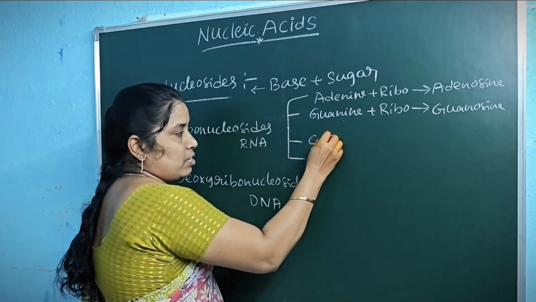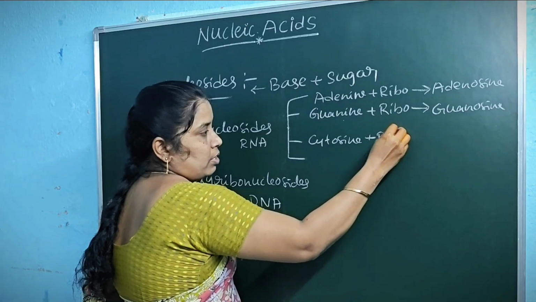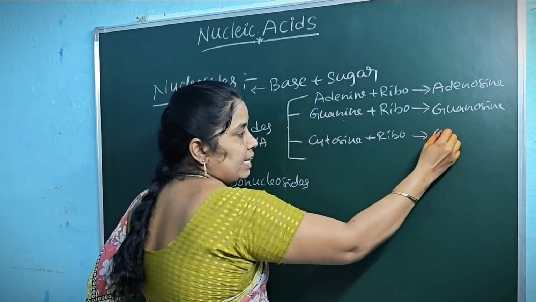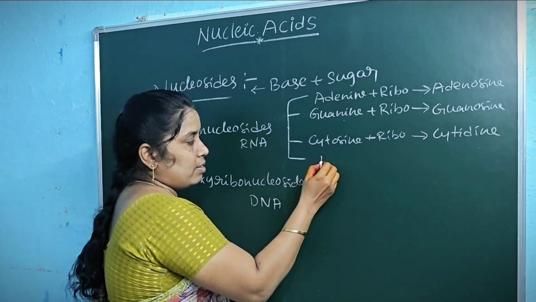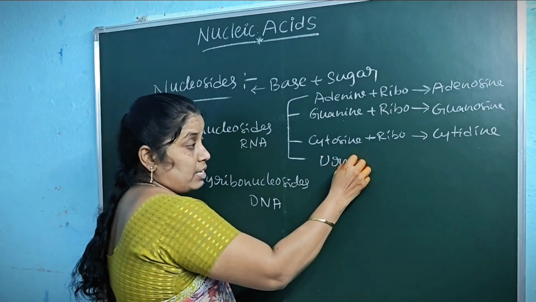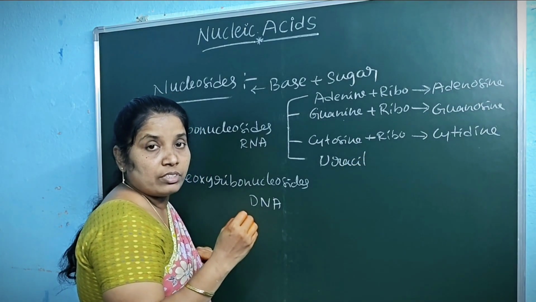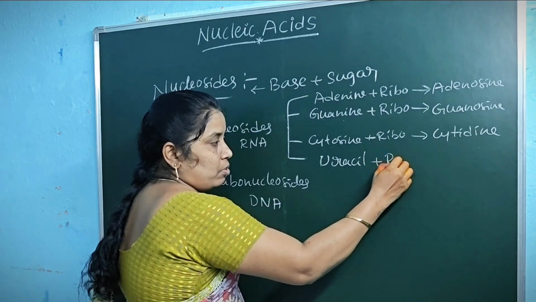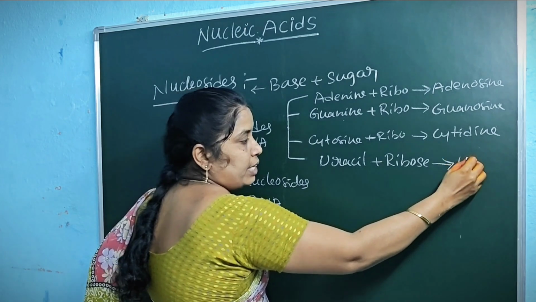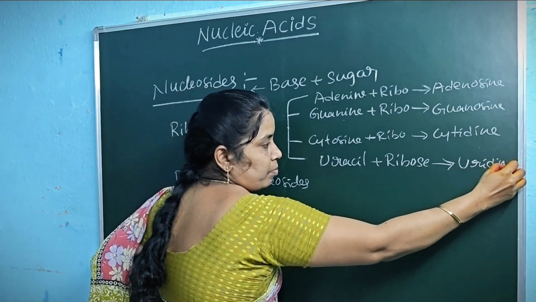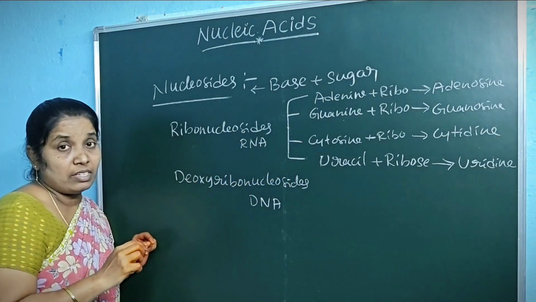If the base is cytosine and the sugar is ribose sugar, that nucleoside is called cytidine. If the base is uracil, it is RNA, you should remember this. In case of RNA, uracil is present instead of thymine. Plus ribose sugar, that is called uridine. So these are the 4 ribonucleosides present in RNA.